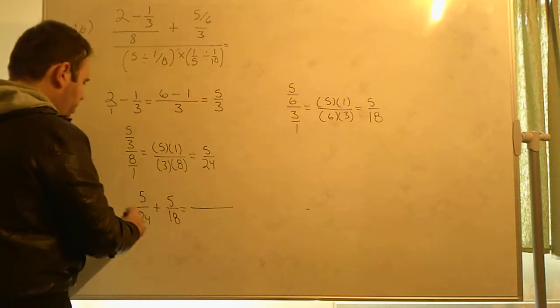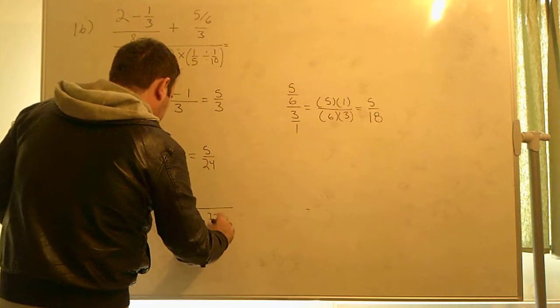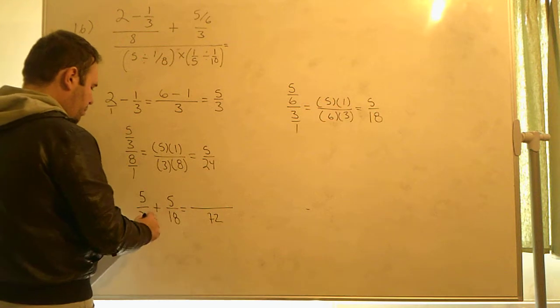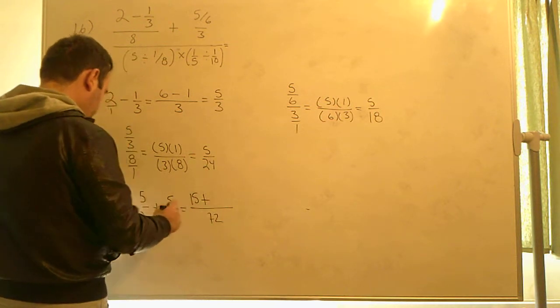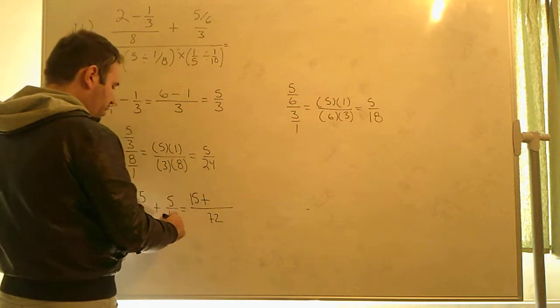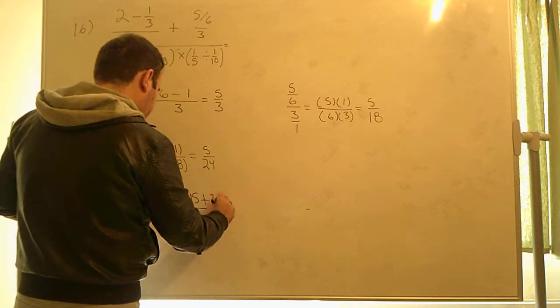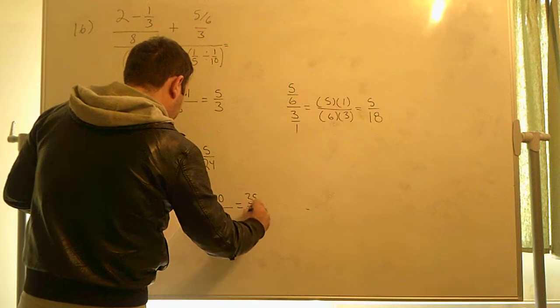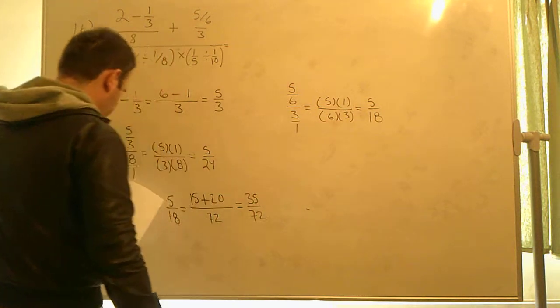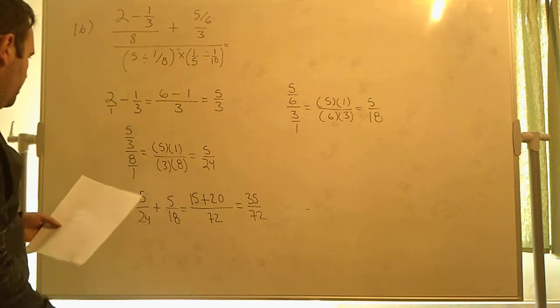The least common multiple in this case would be 72, and 72 divided by 24 is 3 times 5, 15, plus 72 divided by 18 is 4 times 5, 20, and this would be 35 divided by 72.